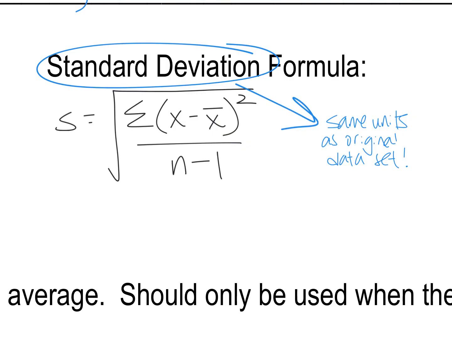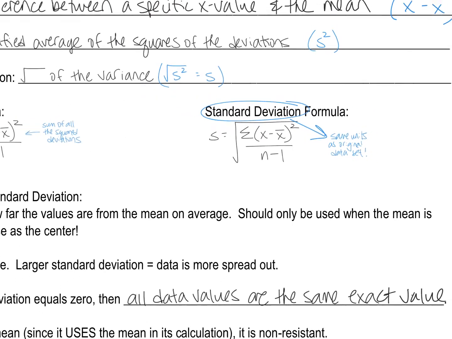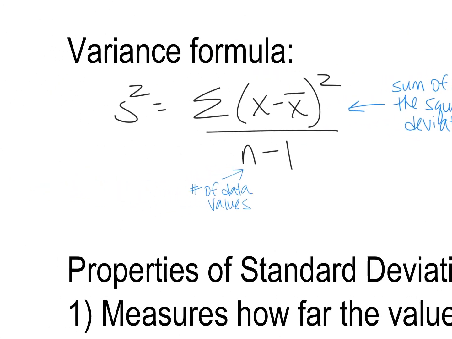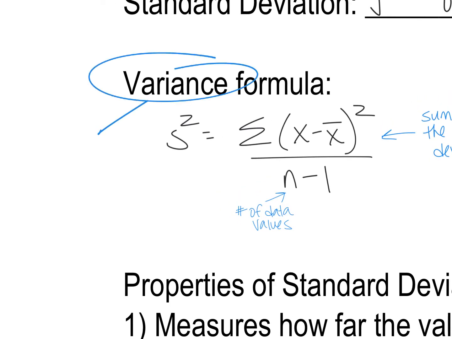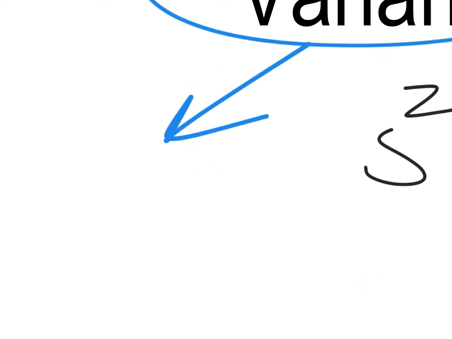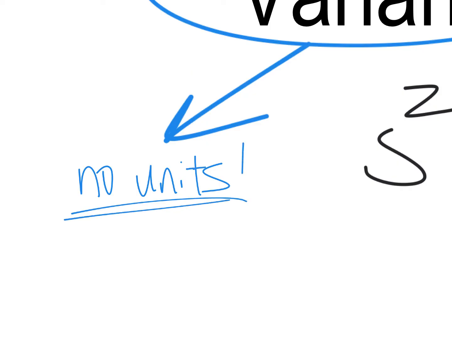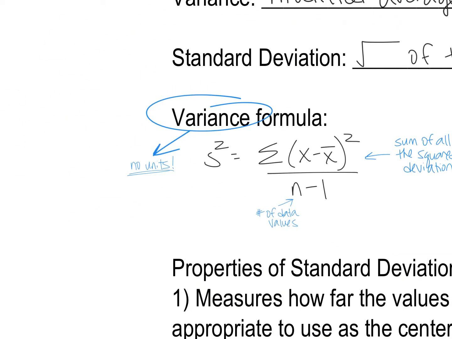If it's the time it takes you to get to school, your standard deviation is also in time, probably minutes or whatever the units are of the original question. Variance does not have units. So keep that in mind. The reason for that is because it's technically units squared, and usually units squared doesn't make sense in context. So we don't put units on variance. A couple little notes there for you.